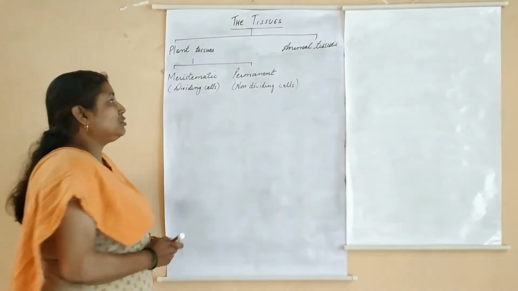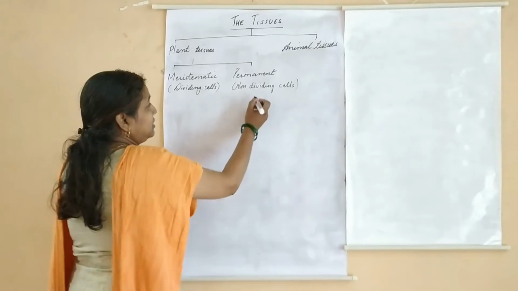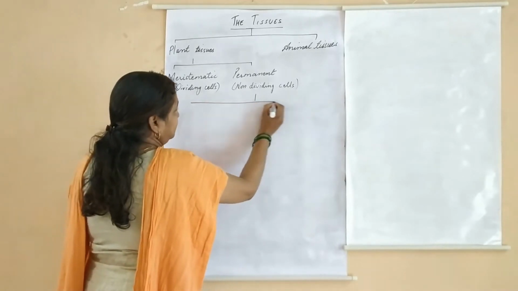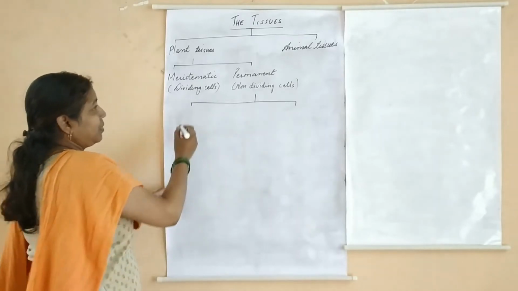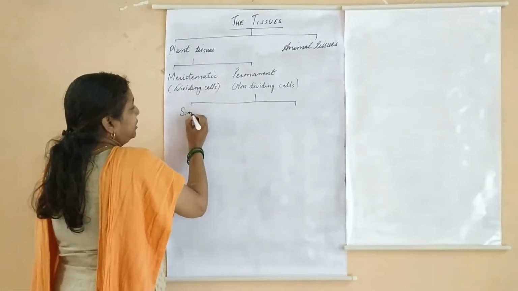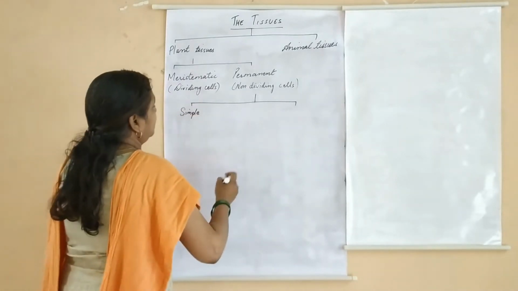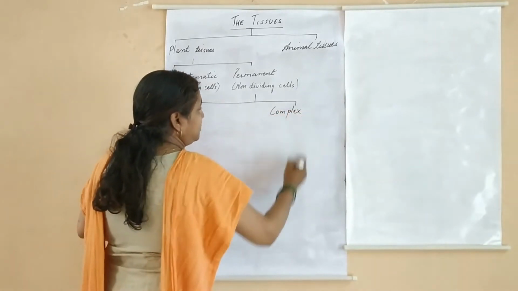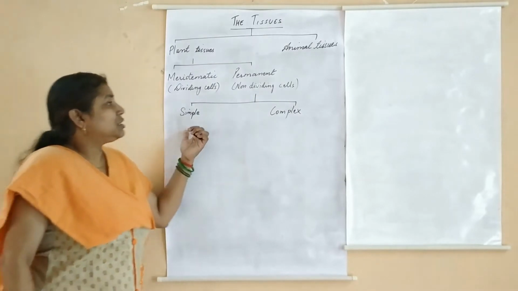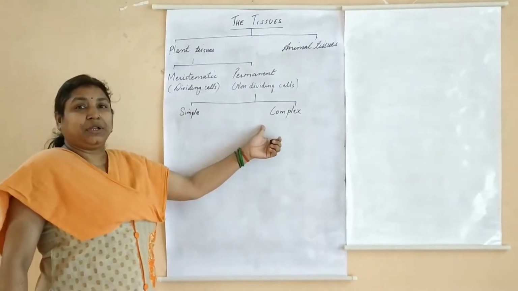So, permanent tissues are classified as simple permanent tissue and complex permanent tissue.